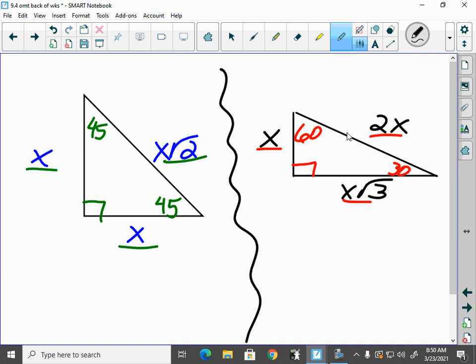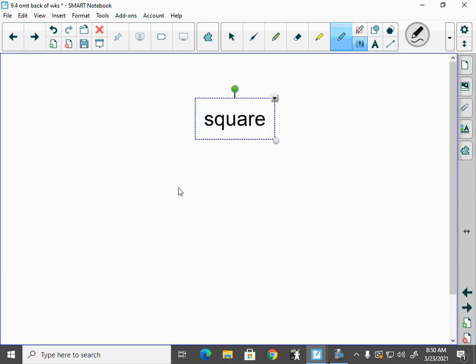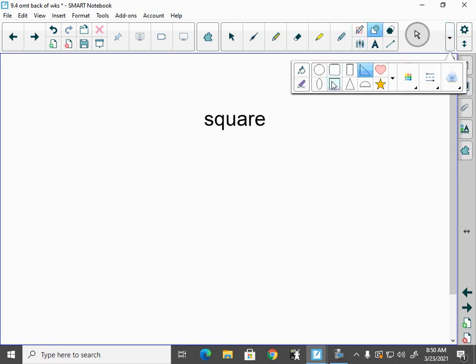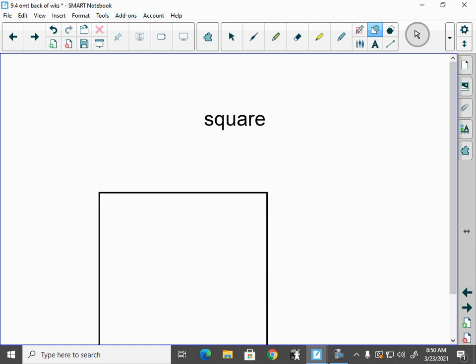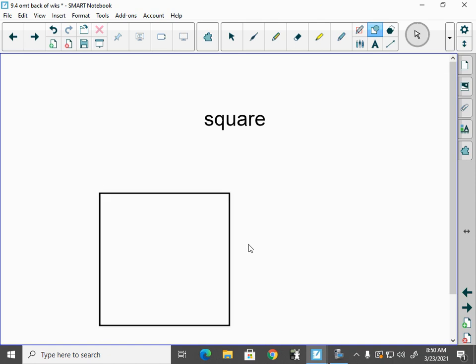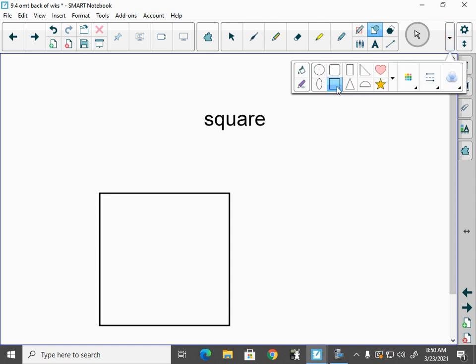Okay, are you ready? 3, 2, 1. Square. All right. So everybody knows what a square looks like. It looks like this. Doesn't that look kind of like a rectangle? Let's look at the option that I picked. I picked that. That's a rectangle. That one's got curved edges.